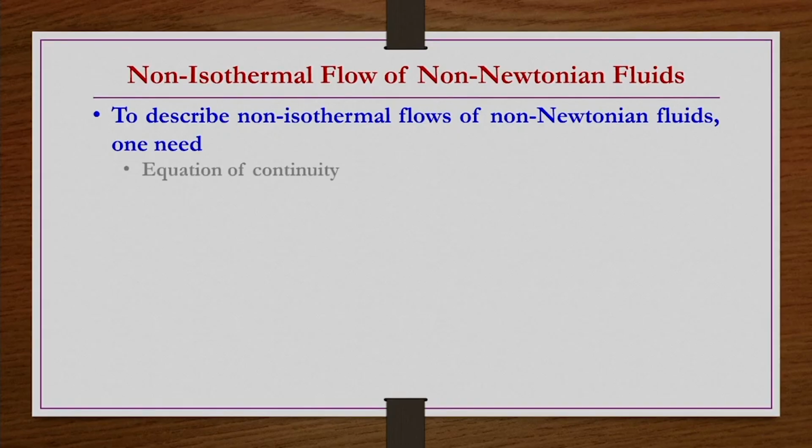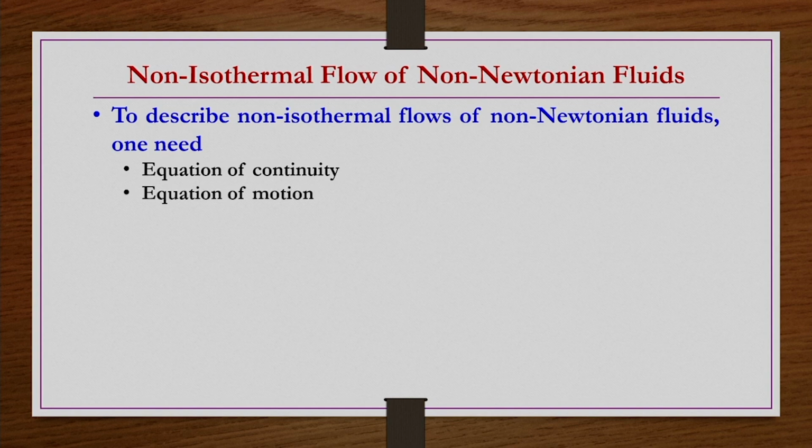So, before getting into more details of non-isothermal flow of non-Newtonian fluids, we make a list of things that are required in general in order to study this. Whether it is an isothermal or non-isothermal system, in transport phenomena we definitely need the equation of continuity.